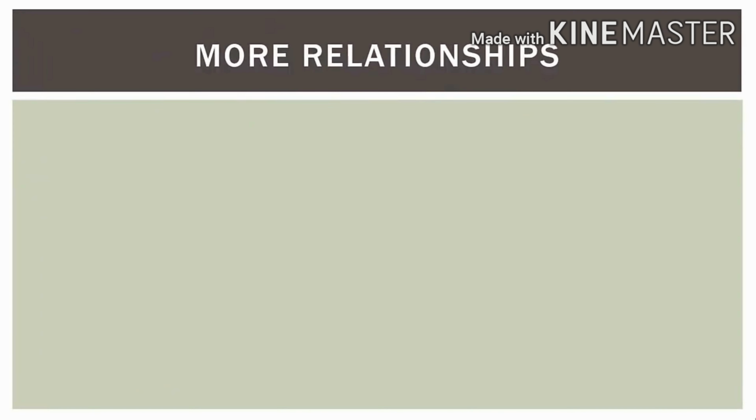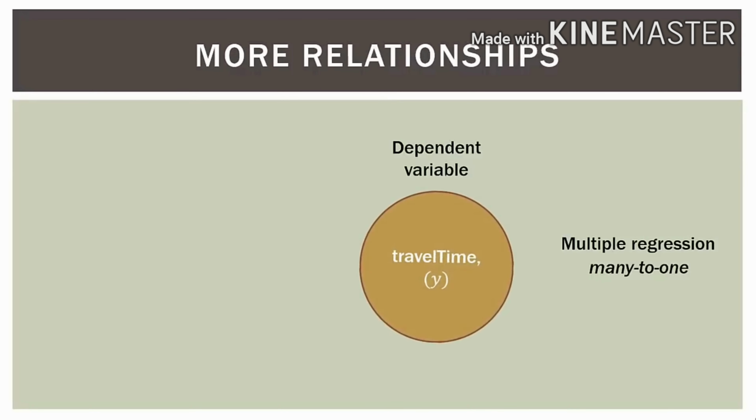As we talked about before, adding more independent variables creates more relationships among all the variables. So we have this many-to-one relationship. In our problem, we have a dependent variable that is the travel time. We are trying to predict the travel time of these trips.